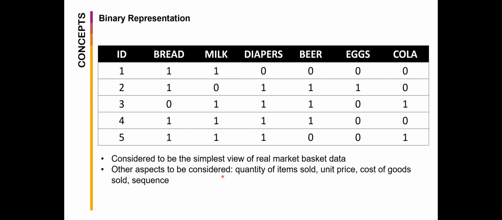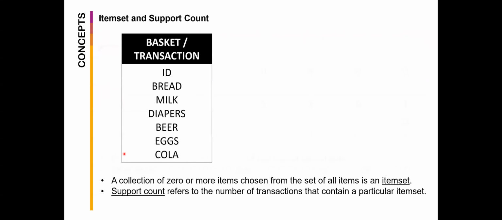Other aspects can be considered to increase the insights that you can get: quantity of items sold, unit price, cost of goods sold, or even the sequence of purchasing. So let's say we have this basket, we have the transaction ID or the basket ID, and this basket contains bread, milk, diapers, beer, eggs, and cola.